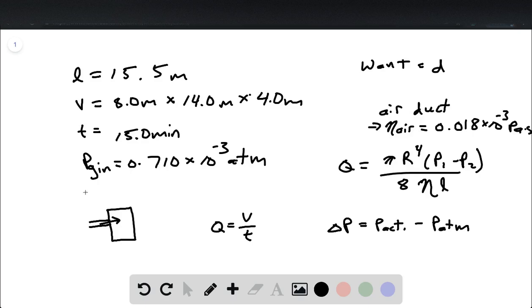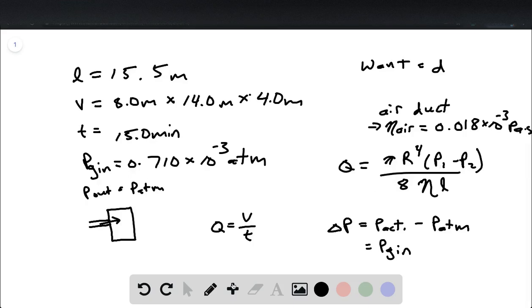And P out would be the atmosphere. But this is also just an equation for how we define gauge pressure. So the gauge will read the actual pressure minus the atmospheric pressure. So we can just use the gauge pressure that we're given in this equation.